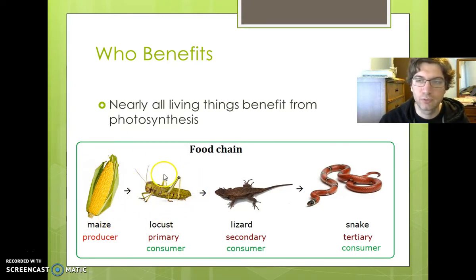Some kind of organism decides to eat that, and the sugars it made through photosynthesis get transferred into our heterotroph. Eventually something else eats that heterotroph, and something else eats that heterotroph, and so forth. And that energy gets passed along through your food chain. So heterotrophs do not go through photosynthesis, but they will eat things either directly or indirectly that do.